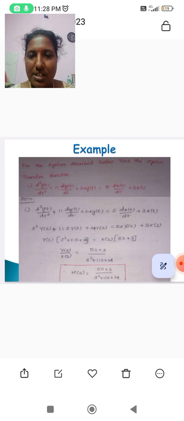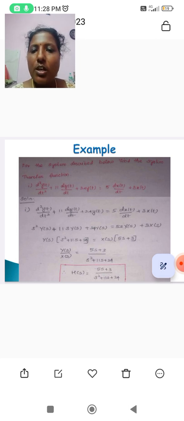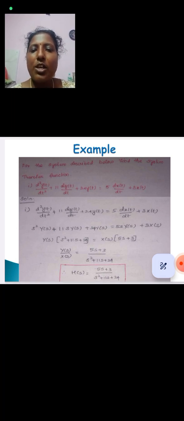Using that, I am going to rewrite d square y of t by dt square as s square into Y of s, plus 11 into dy of t by dt as s into Y of s, plus 24 y of t as Y of s, which is equal to 5 dx of t by dt as s into X of s, plus 3 x of t as X of s.